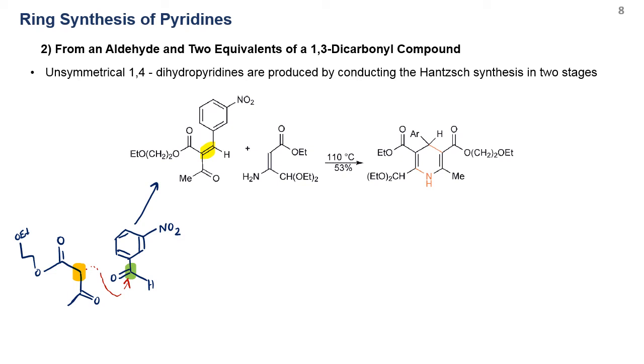And the second part, you may synthesize this from the 1,3-dicarbonyl compound as well. So with this molecule, if you put ammonia, the ammonia can attack the more reactive ketone and then form the enamine.